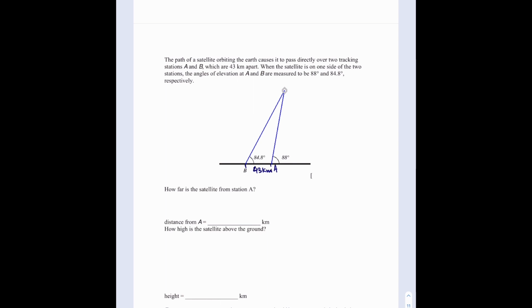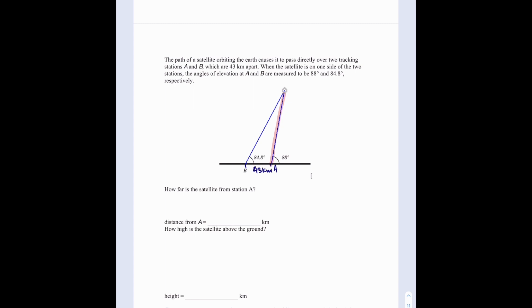We need to find how far the satellite is from station A. So we need to find the length of this side right here. And we need to find the distance or the height of the satellite above the ground. So we will do one at a time.